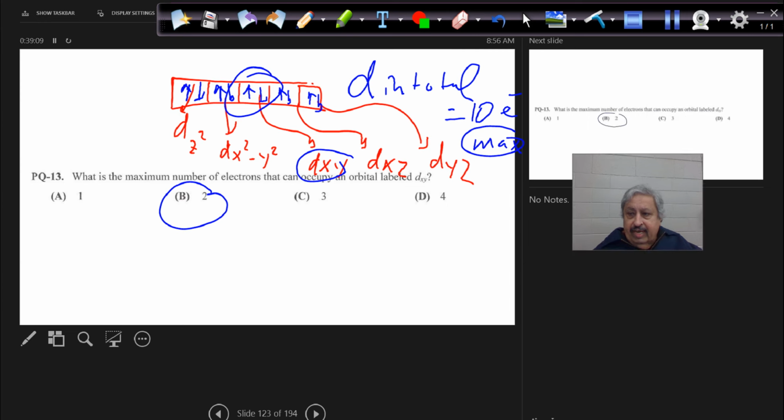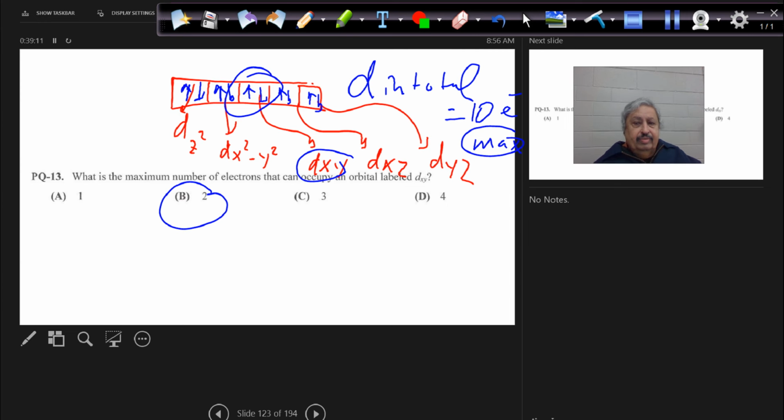So let's see if the answer is correct. The answer is correct. Each one of those suborbitals will have 2 maximum. Those are 5 suborbitals with a maximum of 2, which totals 10. So let's take another one.